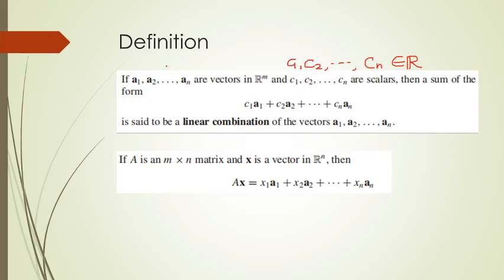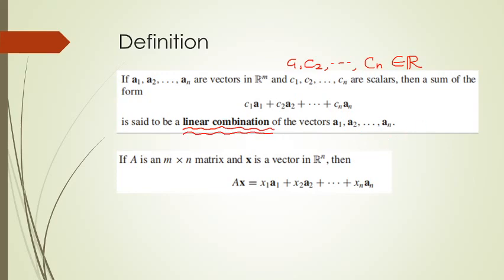Then a sum of this form, which means the scalar C1 times the column vector A1 plus scalar C2 times column vector A2 plus finally Cn, the scalar, times the last column vector An, is called a linear combination of the column vectors A1, A2, An.